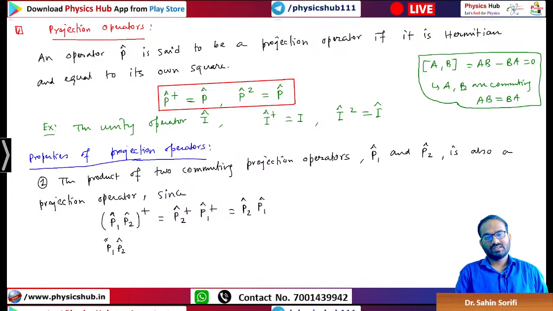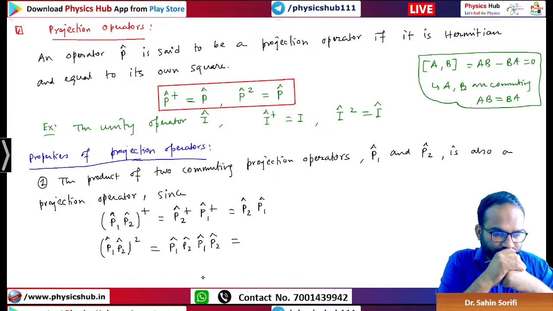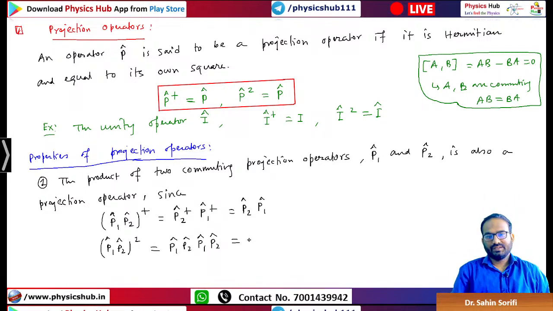What about the next criterion? The square of P1 P2. We can write it twice: P1 P2 P1 P2. So what will be this value? Again it will be P1 into P1, so P1 square, and P2 into P2, P2 square.